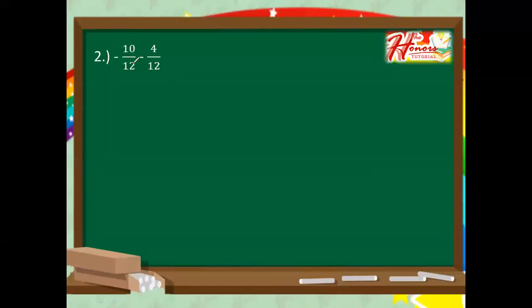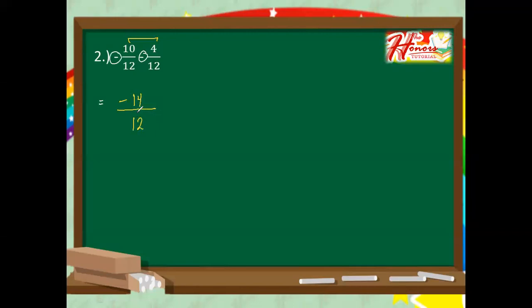The other one is a negative and the other one is also a negative. So therefore, what we are going to do is to copy the sign, which is negative also. So that's negative. And then you have to add the numbers on top. 10 plus 4, that's 14. Over your denominator, which is 12.